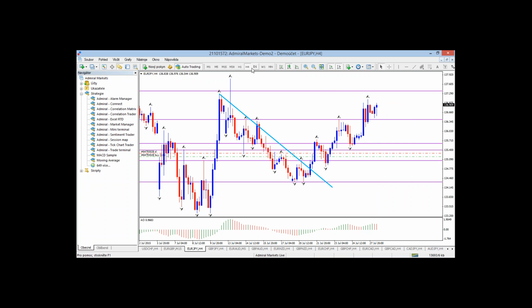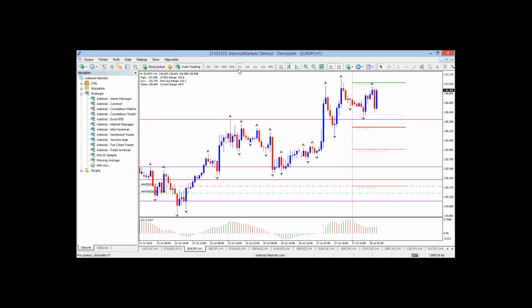So far, it still looks good as long as it keeps pushing. And actually, there could be another breakout if next hour it maybe pushes through this level. That could be a continuation, perhaps, on the euro yen.